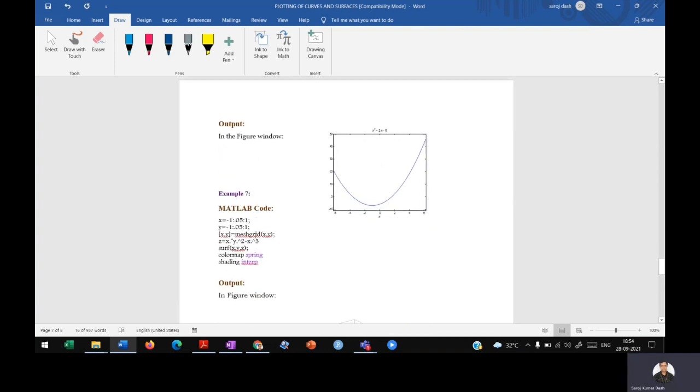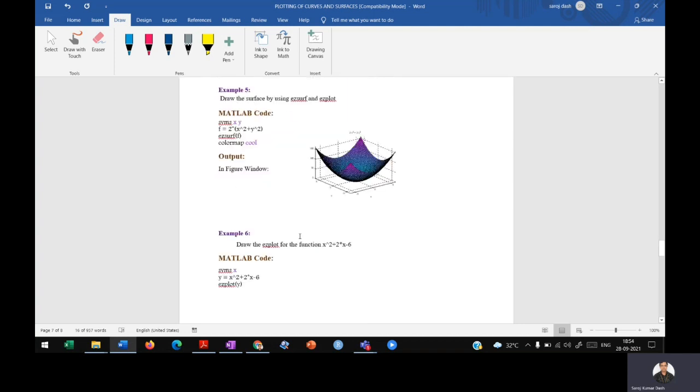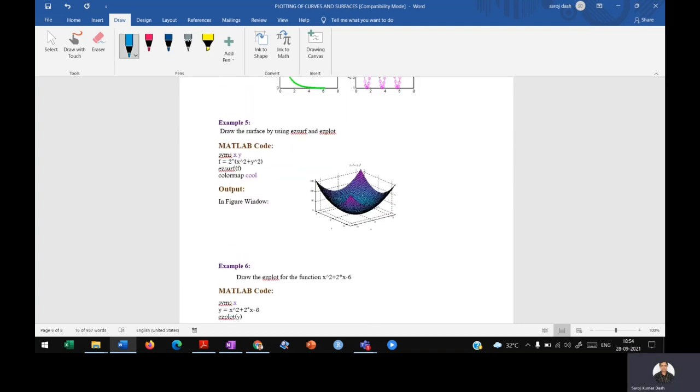When we use the surf command, what is the difference? Now you understand. With the surf command, first we defined x values. For the domain, we took -1 to 1 with increment 0.5. Then y values we generated. Once we generated x and y, because we are going to plot a surface, we have to make a meshgrid. What is meshgrid? See, in MATLAB, these small rectangles are there.